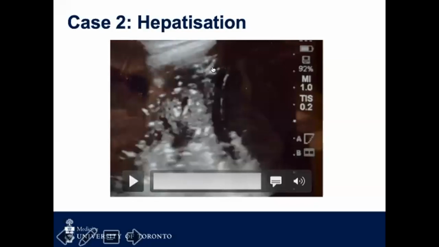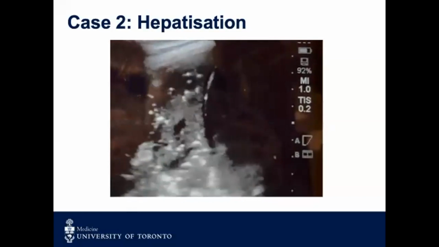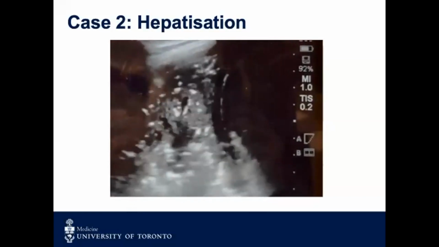You're actually seeing the lung tip, which you should never see in a normal ultrasound. You're also seeing air bronchograms, which are these white dots, and they do tend to move with respiration. And then, of course, the black is fluid. The diaphragm is here. When you see this, you can be pretty sure that this patient, at least in some component, has a pneumonia, which may cue you to start some antibiotics.